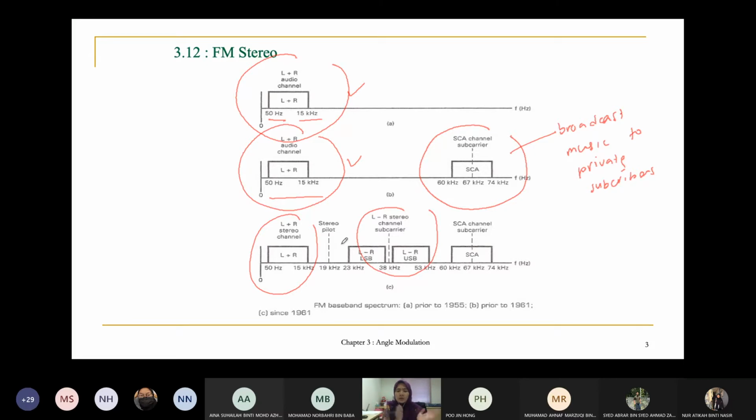And we still also have the SCA channel, which functions to broadcast music to private subscribers. So these two are monophonic transmission, and this one is stereophonic transmission.